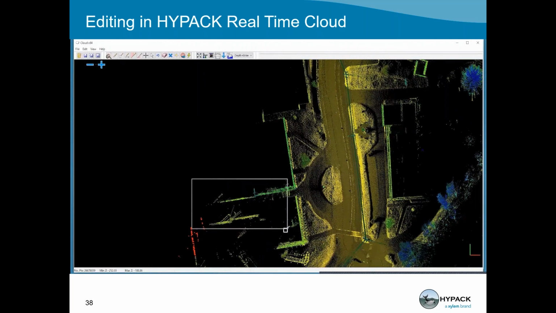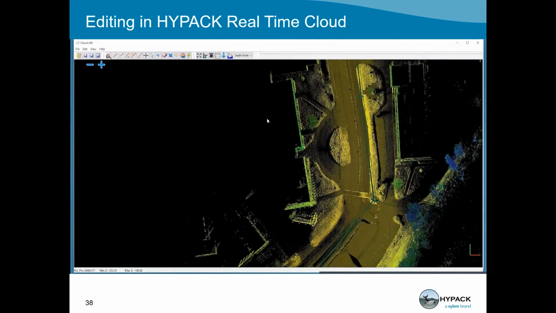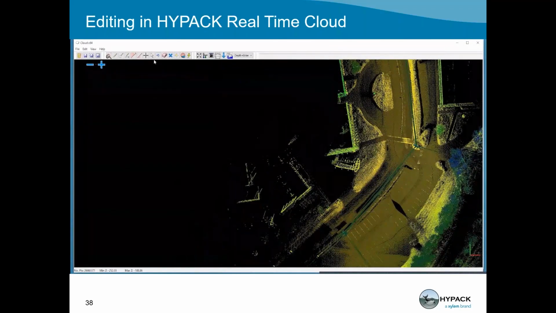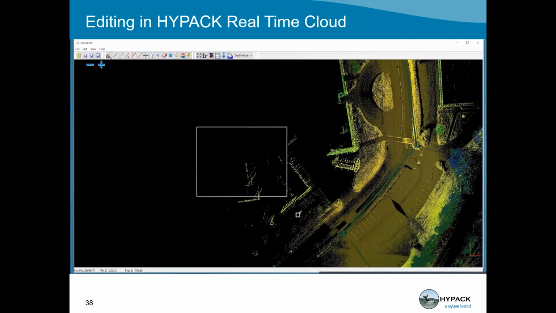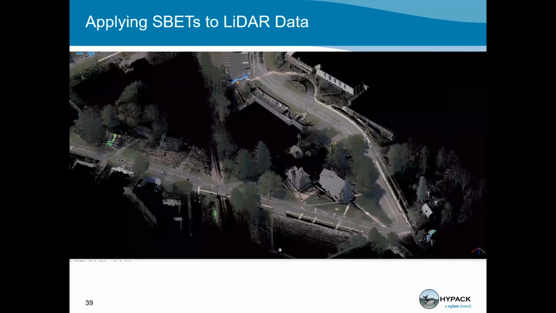We have our fast delete mode on, and we're just going to go through and update some of the peripheral data points, just like you're deleting noise or bad data points from a hydrographic data set. So real easy to do. We're going to trim out some of the edges of this data so we just have the features we're interested in.